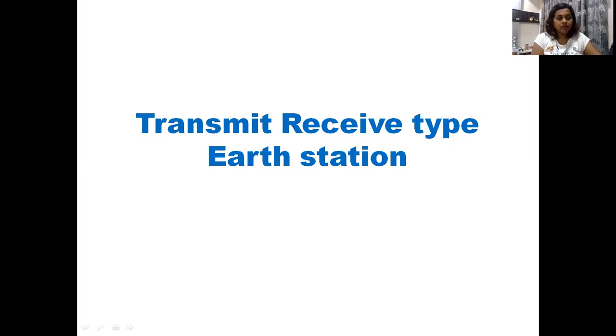Students, Earth Station. As we know, Earth Station is a vital element in any satellite communication network. The Earth segment of a satellite system mainly consists of either a transmitter Earth Station or a receiver Earth Station to transmit or receive the signals from the satellite.